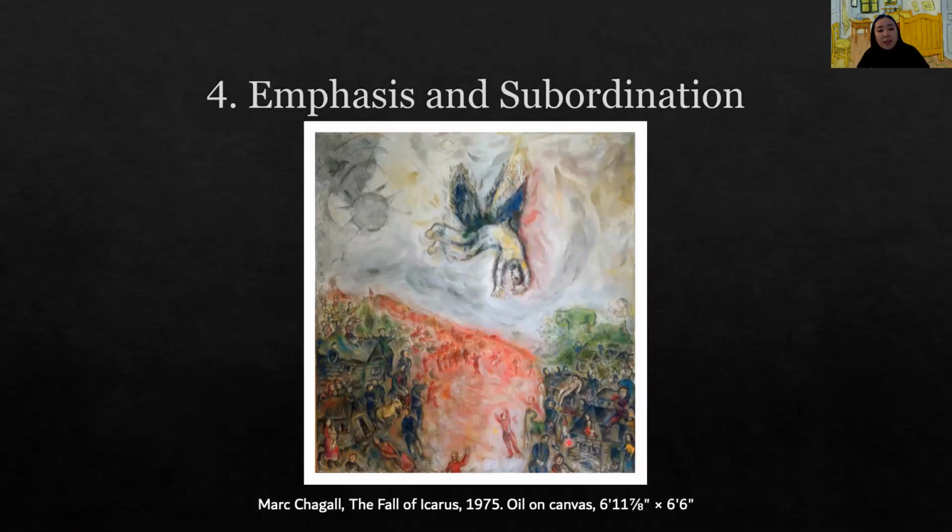So let's look at this painting by Marc Chagall, The Falling of Icarus. Chagall was a Russian French artist during the world wars. So can you guess which part is focal point in this painting? It's pretty easy. The fallen angel. The man? That's right. Yes, the falling Icarus.